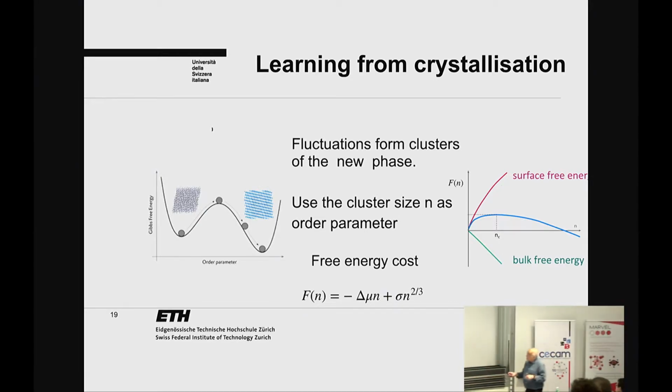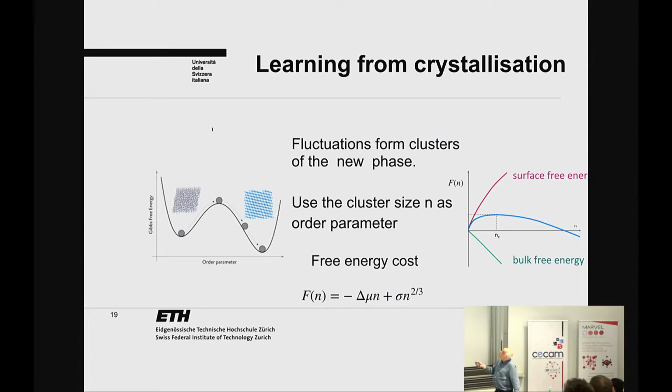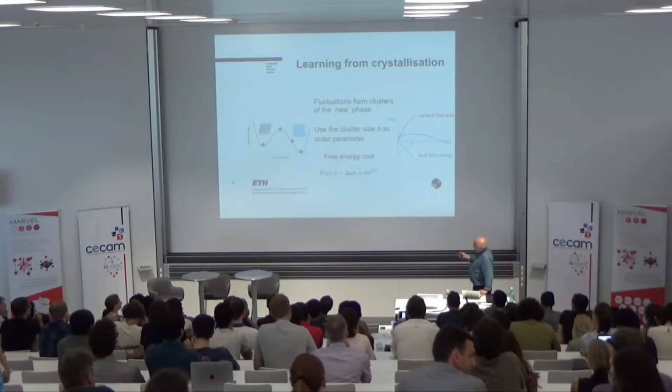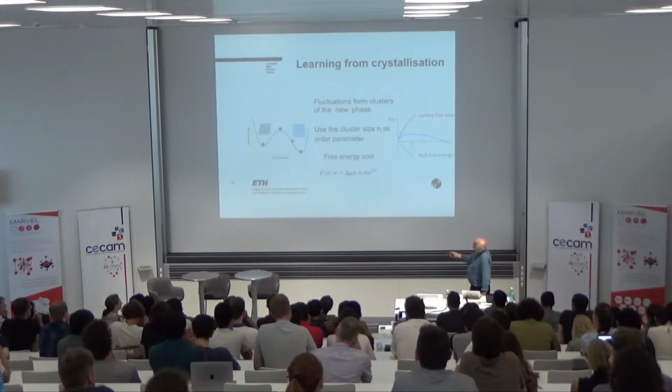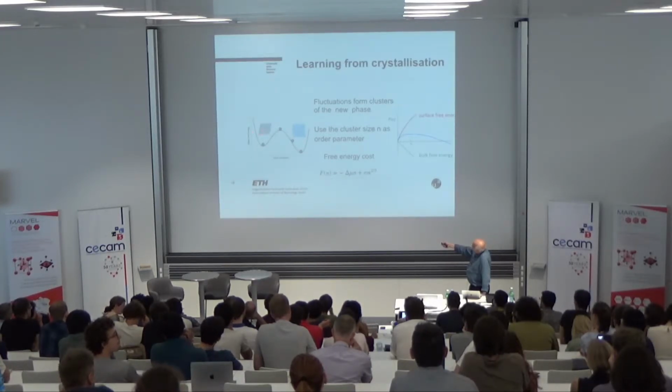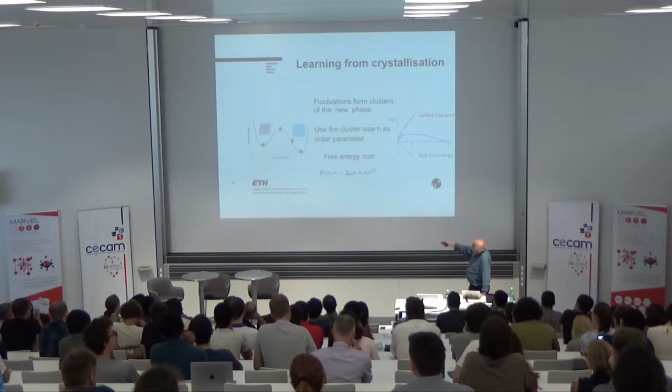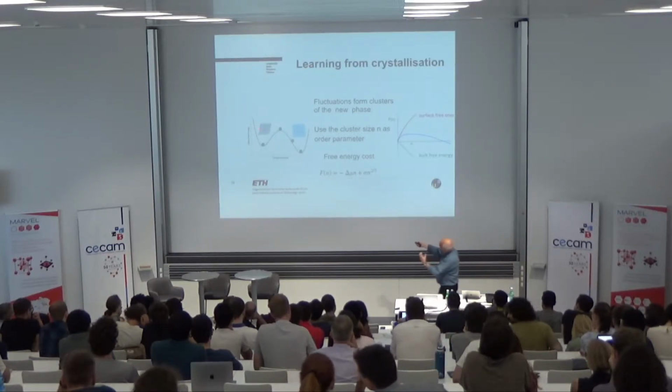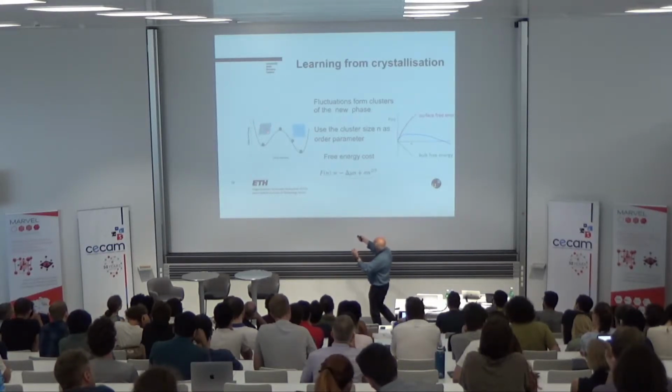Our model is the problem of crystallization of a liquid into a solid. We are at a temperature where the solid is more favorable. What happens here? The liquid has fluctuations in which nuclei of the new phase are formed.